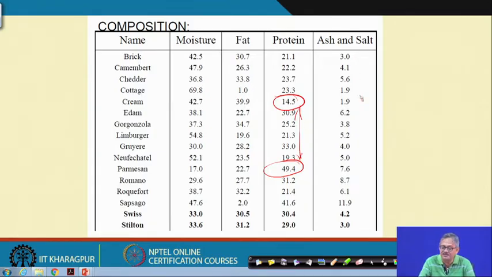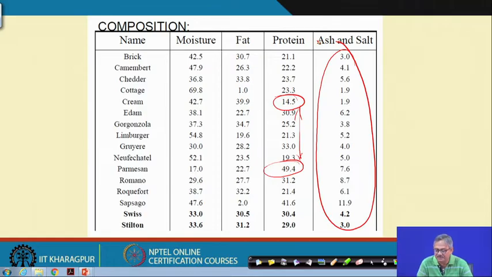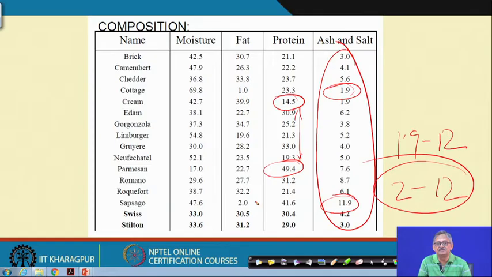Then ash and mineral content or salt content, if we look into that, that is also very wide, and this ranges between 1.9 and say 11.9, which is roughly 12, or 1.9 can also be made 2. So 2 to 12%, so much wide variation of the minerals, right.